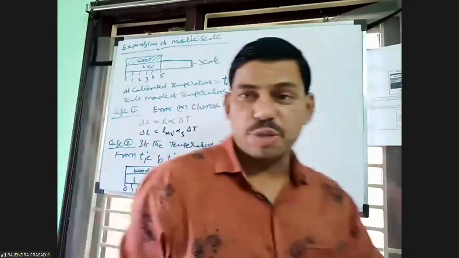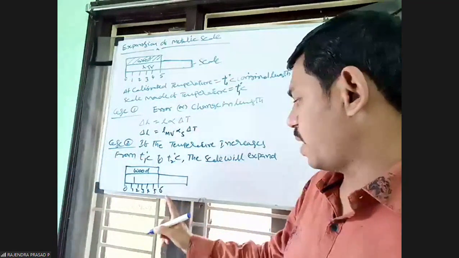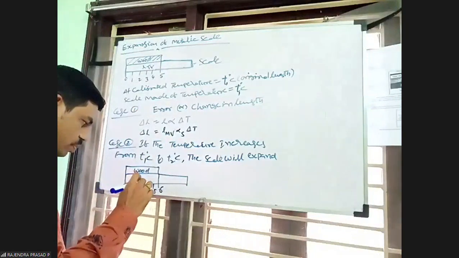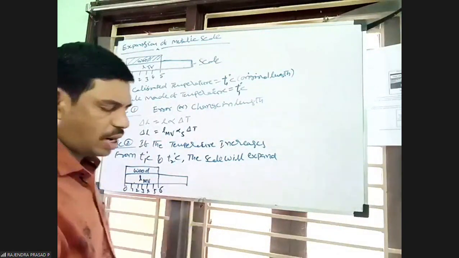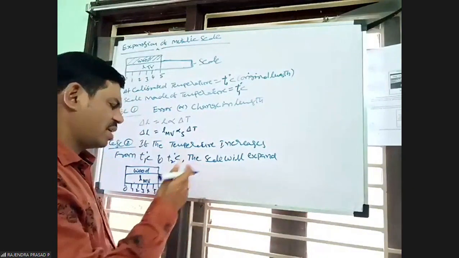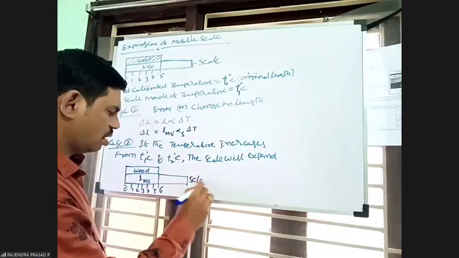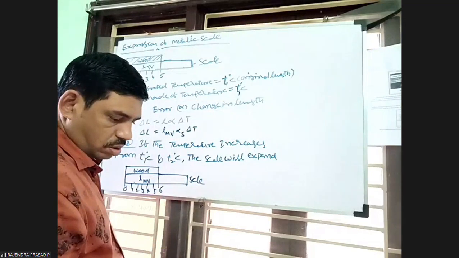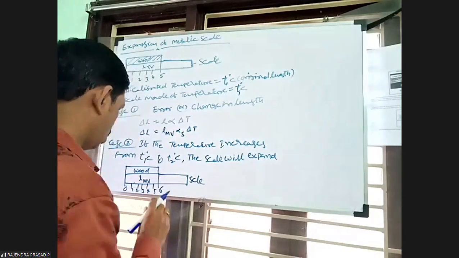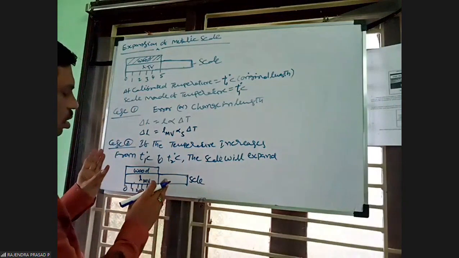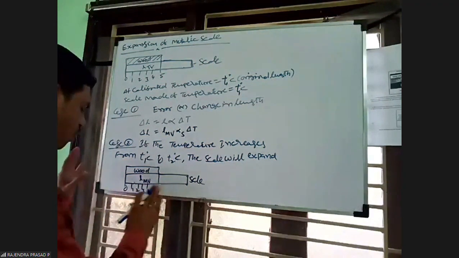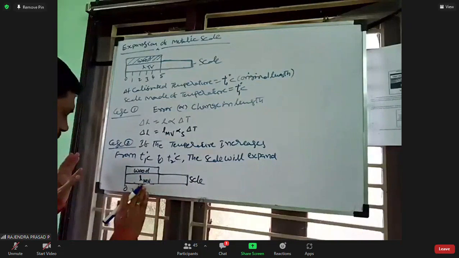So scale expands. Sir, if the scale expands it should be less than 5, the measured value, true value. If the scale expands it should be 4 or 3, no sir. If it contracts, the unit increases, sir.